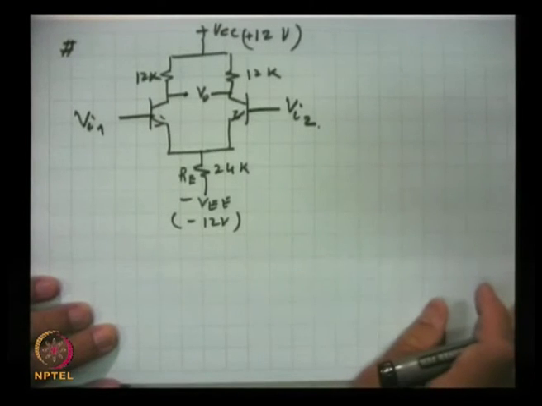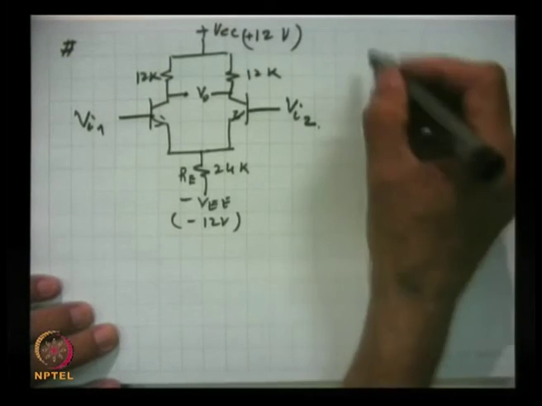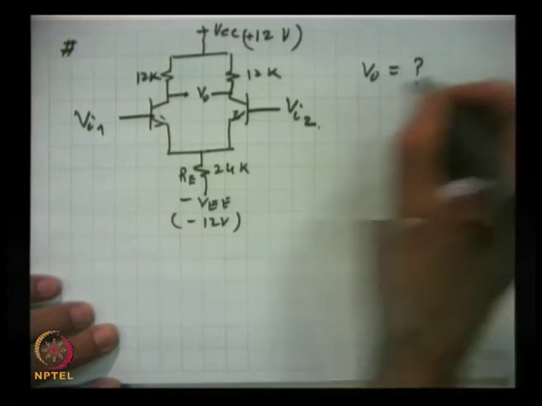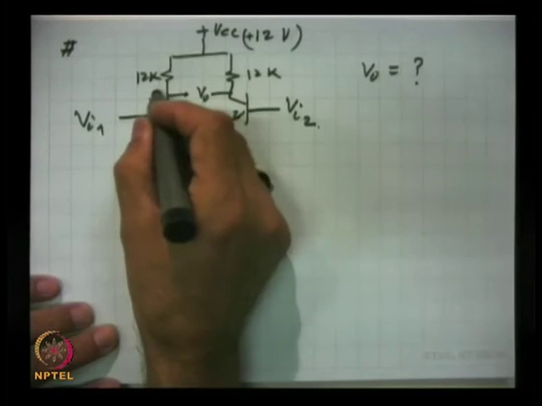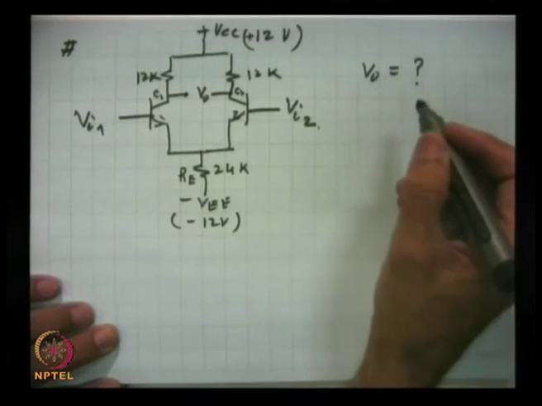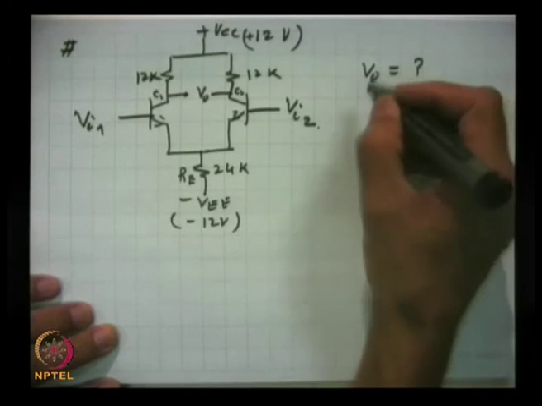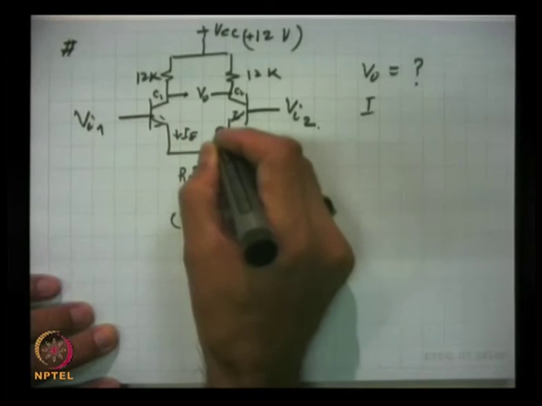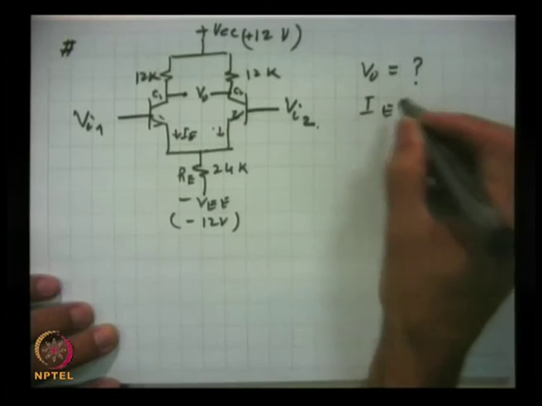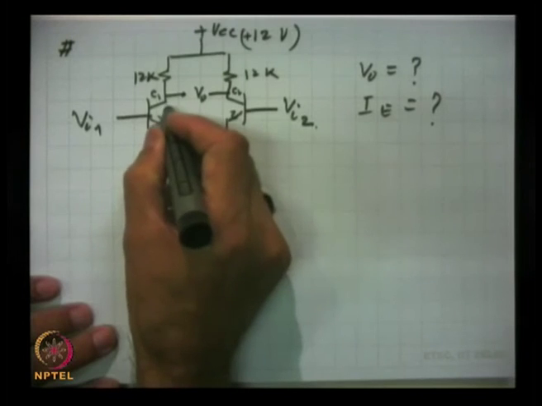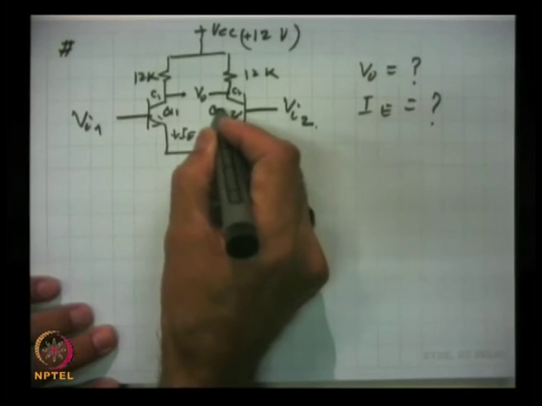So, in this question, how much is V out between the two collectors C1 and C2? How much is the current IE? This is IE, this is also IE. How much is IE in each transistor Q1 and Q2?